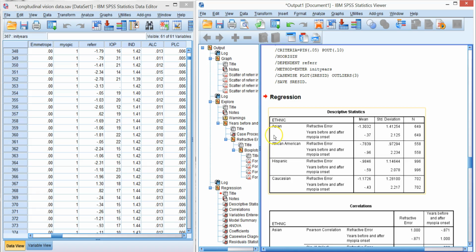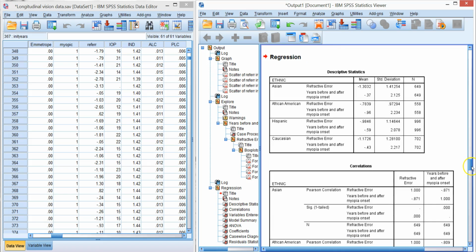So this is what our output looks like. See, it's pretty fast. I did not pause the tape. Up here, it gives us our descriptives, tells how many Asians there are. In this case, since years of onset is only available for myopes, we only get myopes in this study.